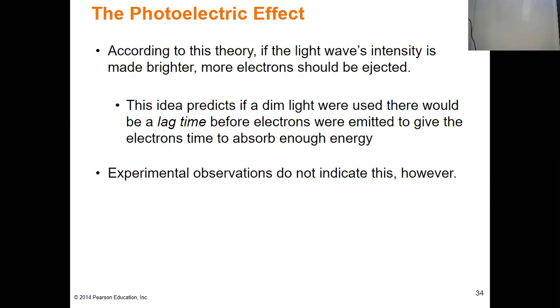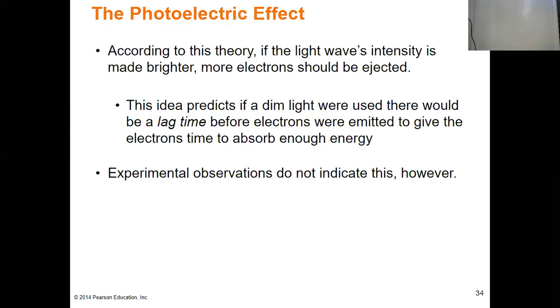You would imagine that if you have a very, very high intensity light, you would be releasing many, many more electrons. Like, the more intense the light you put in, the more electrons you'd be able to release over time.